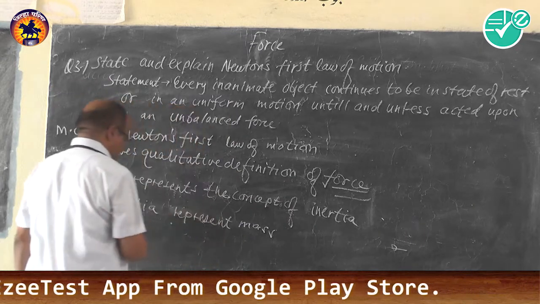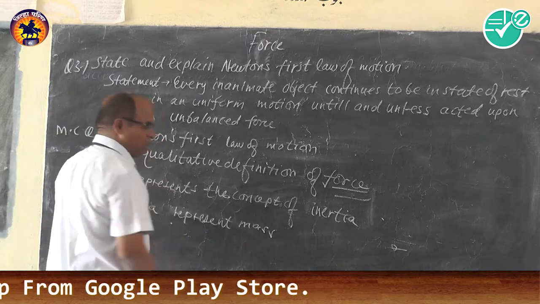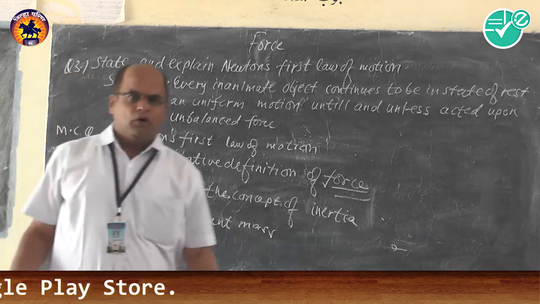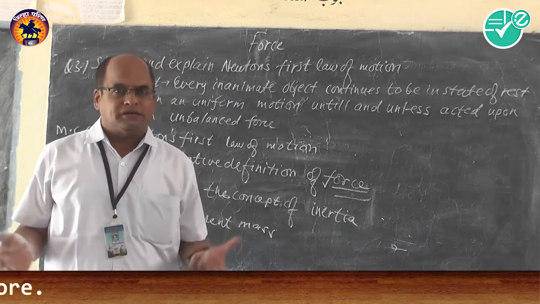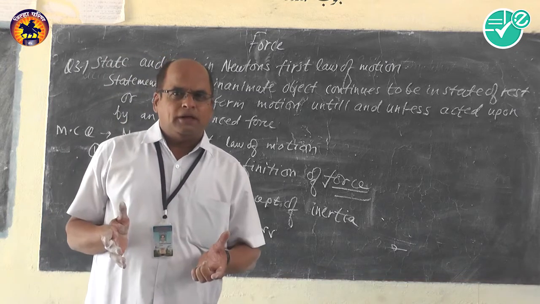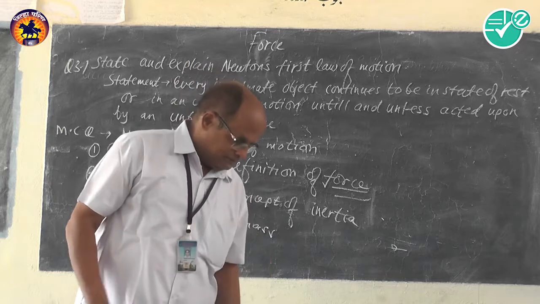Inertia is measured in terms of the mass of the body. The heavier the body, the more its inertia. The lighter the body, the less its inertia.